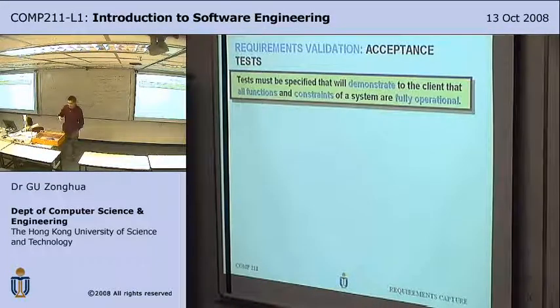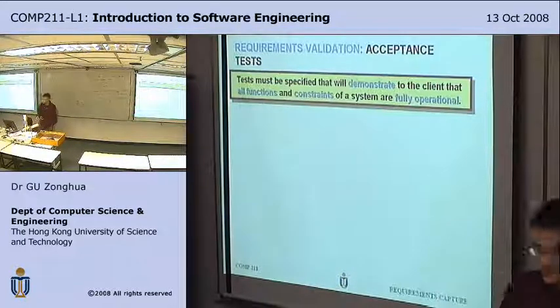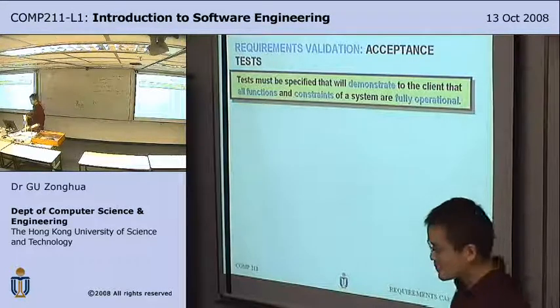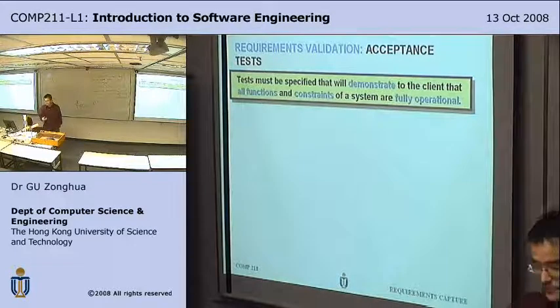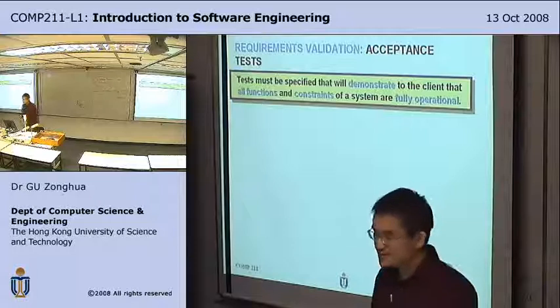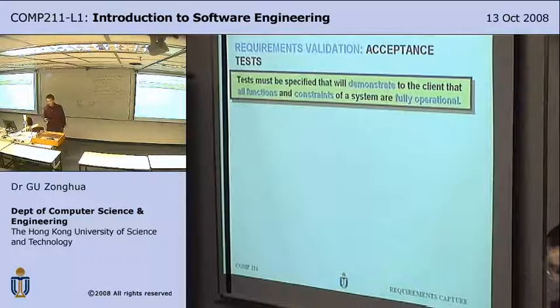If you're just reading the document, it's hard to validate the system at the end of the delivery. So does the system satisfy the requirements or not? Right? You can get into disputes. But if you have acceptance tests, then if the tests pass, by definition, the requirements are satisfied.